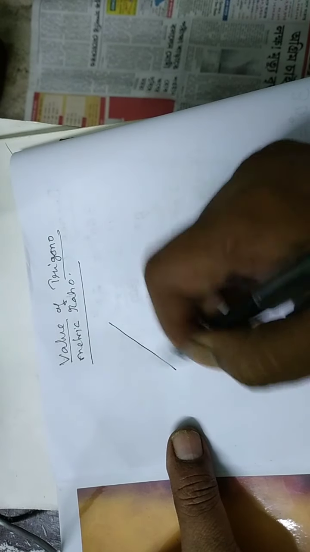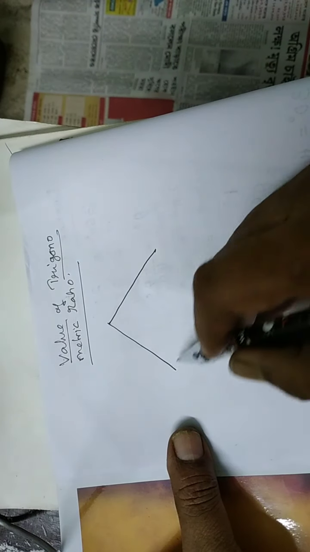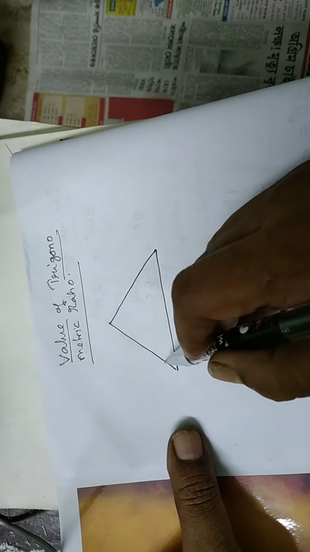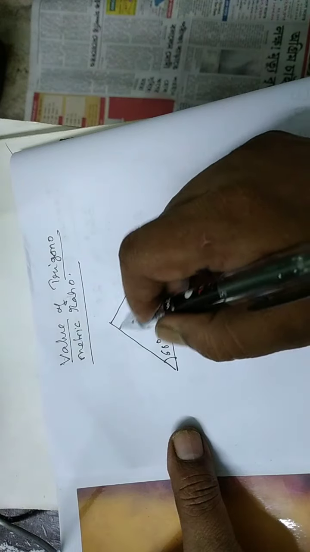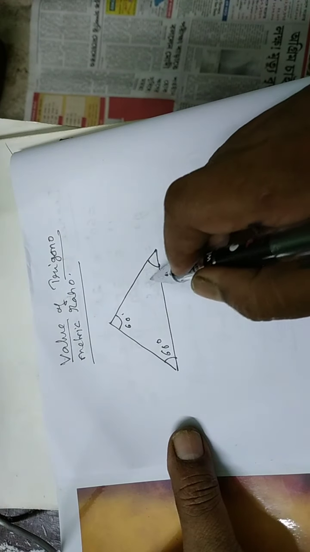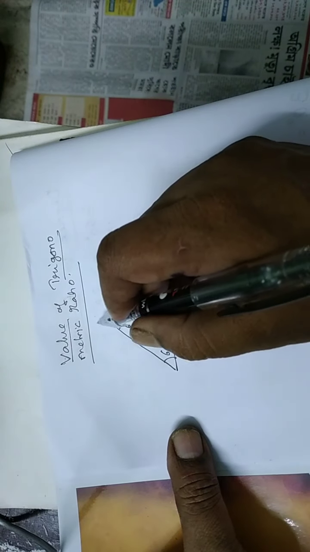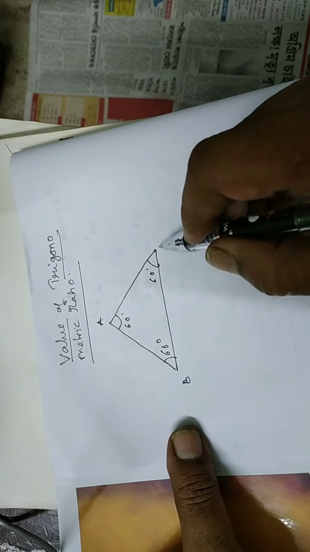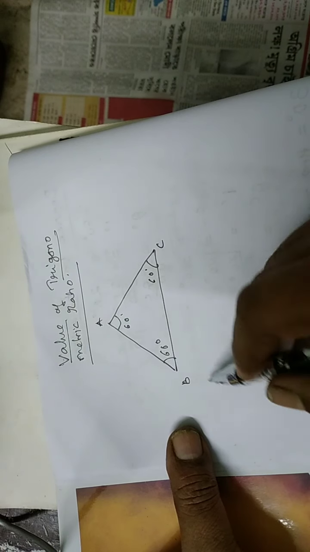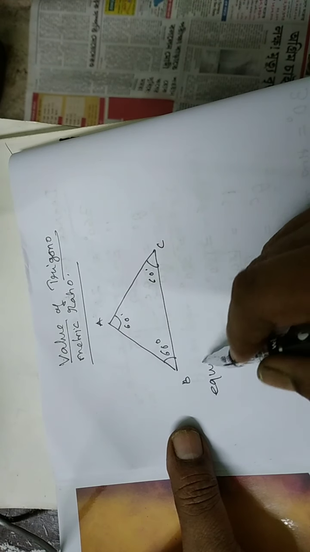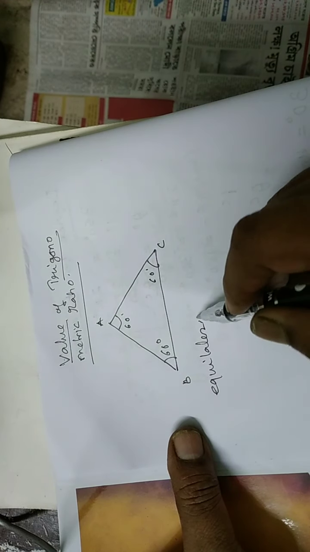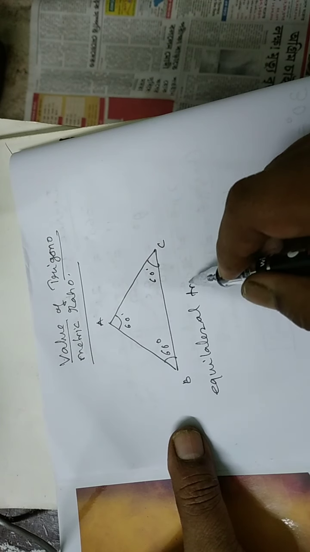If you take a 60 degree angled triangle, ABC is an equilateral triangle.